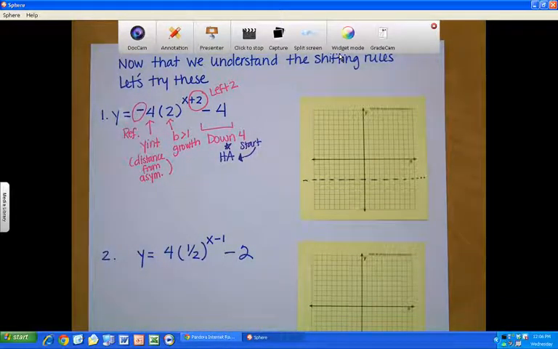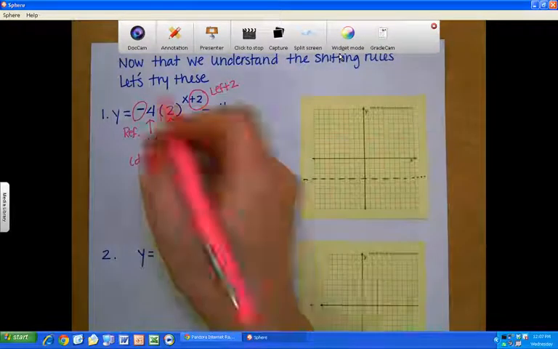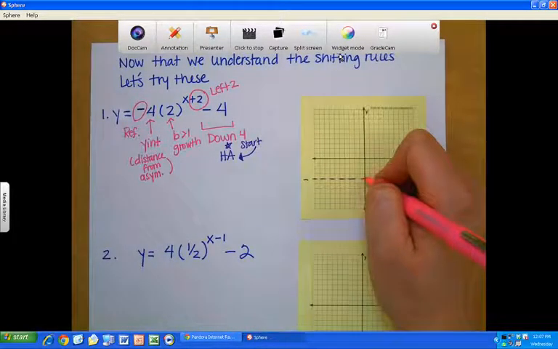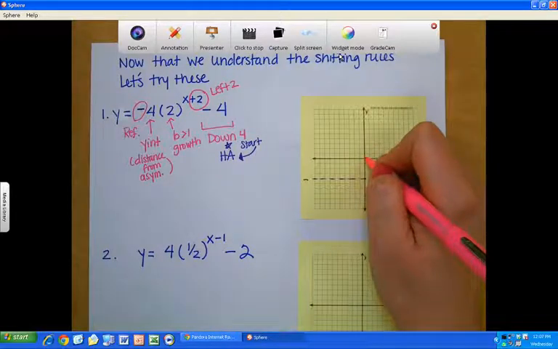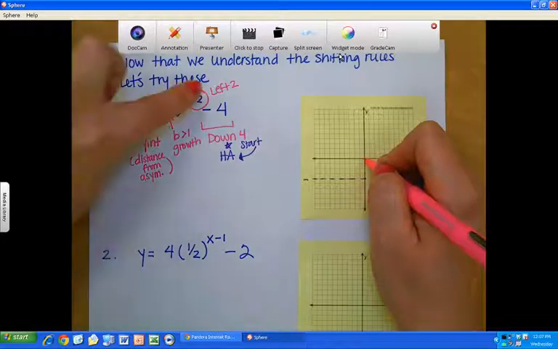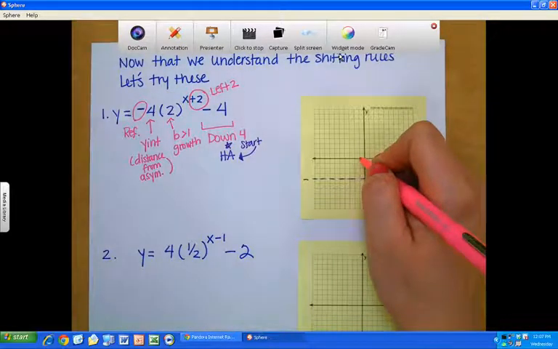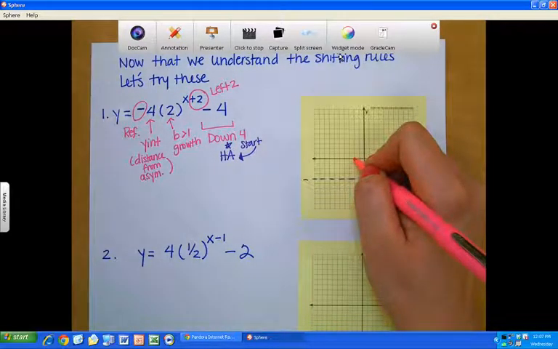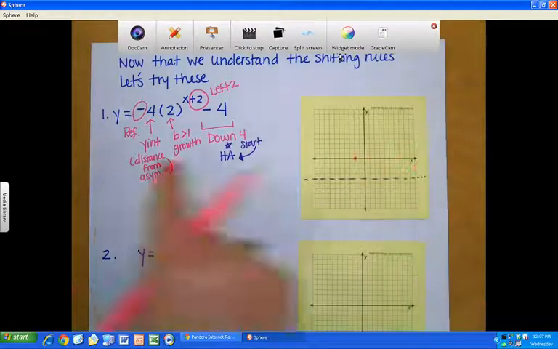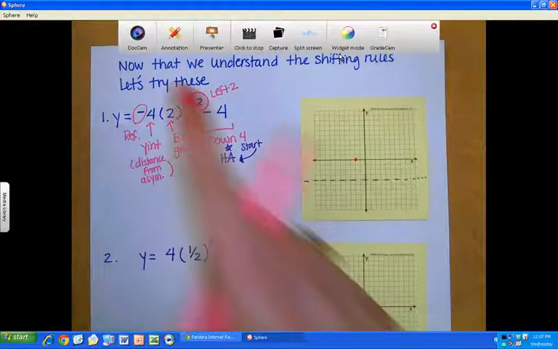And then when I'm finished, I'm just going to draw the reflection. You don't have to do it that way. I think it's easier that way. So now the intercept is 4, which means you go 4 up from here. So 1, 2, 3, 4. So normally it'd be here, except you got to go left 2. So I go left 2.